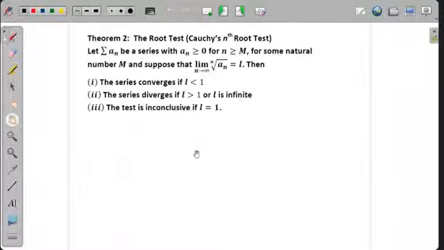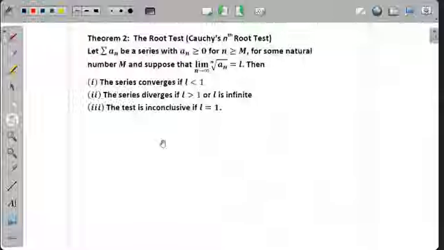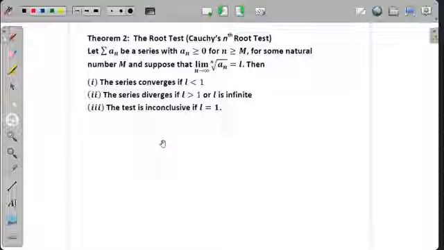So this is like the ratio test. We call it Cauchy's nth root test. Why? Because you are taking the nth root of a_n. Let summation a_n be a series with non-negative a_n for some natural number capital M, and suppose the limit of the nth root of a_n is L. Then the series is convergent if L is less than 1, it diverges if L is greater than 1 or infinite, and the test becomes inconclusive if L equals 1.